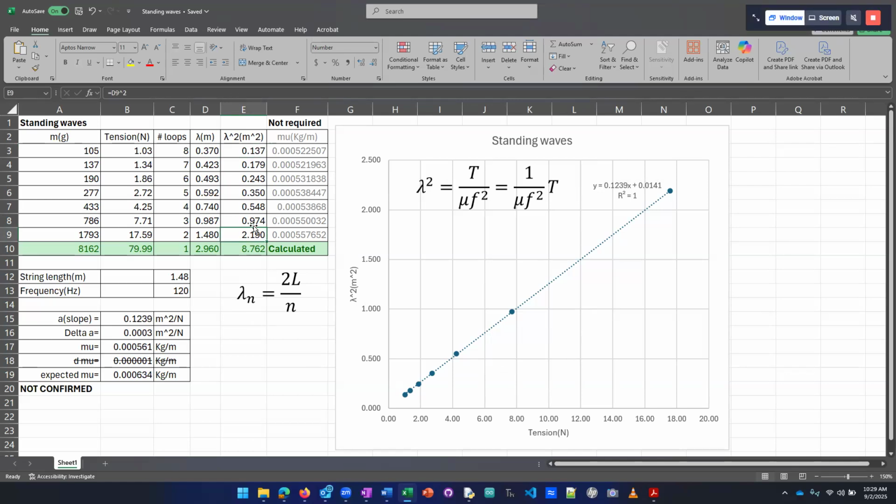The spacing in between these two is 1 meter squared, and the spacing in between these two is 0.4 meters squared. That is because we're squaring these values. Even if I plot these out, they won't be evenly spaced out.